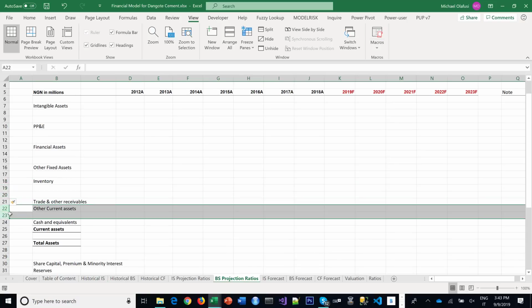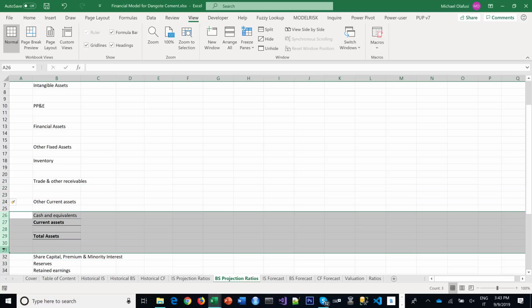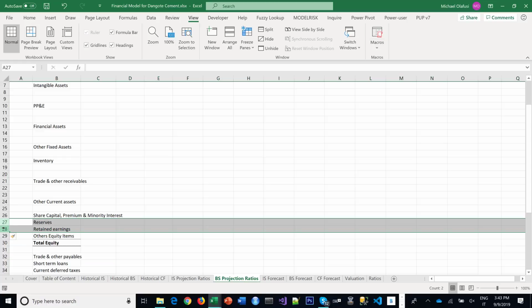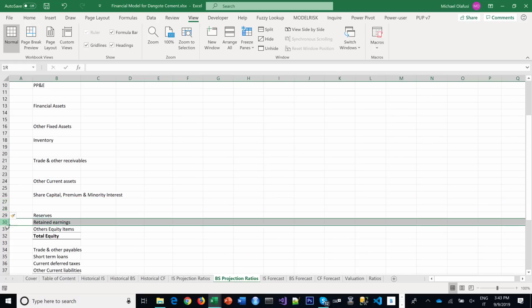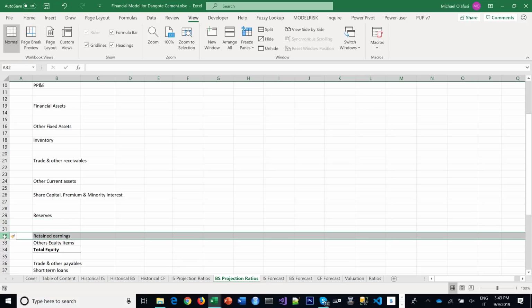Current assets. Typically, you don't forecast cash. Cash and cash equivalents are the balancing lines and are going to come from the cash flow forecast. So I'm going to take this out. Again, retained earnings is not going to be forecasted. Retained earnings is going to be last year's retained earnings plus net income. So I'm going to take that out.